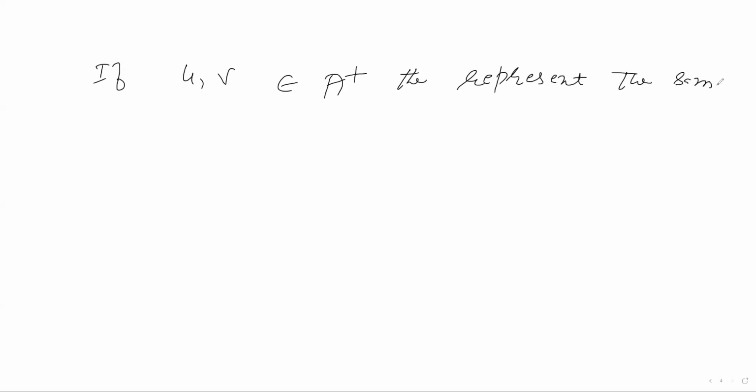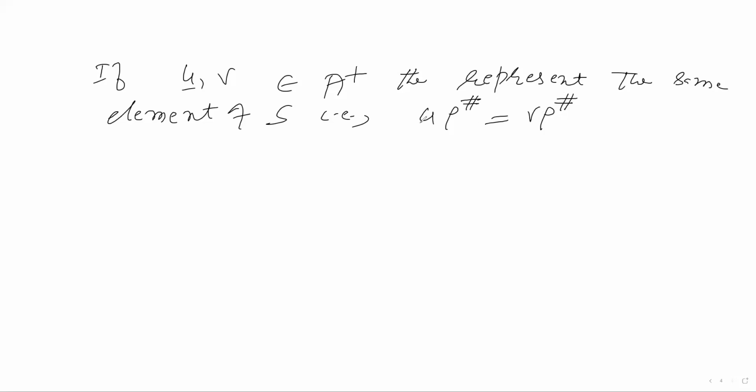Now suppose you have U and V, words in A plus, and they represent the same element of S. That is to say that their classes are the same. So you have U rho sharp is the same as V rho sharp.